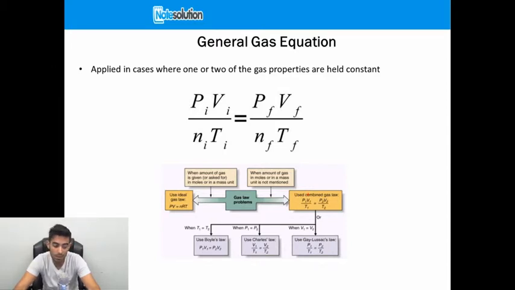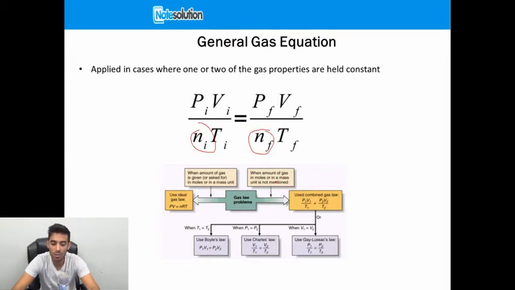The first scenario would be when, let's say, V initial equals V final. When V initial equals V final, we use Gay-Lussac's law, which says P1 over T1, which is P initial over T initial, equals P final over T final. Now, if you ask me, where's the number of moles n?